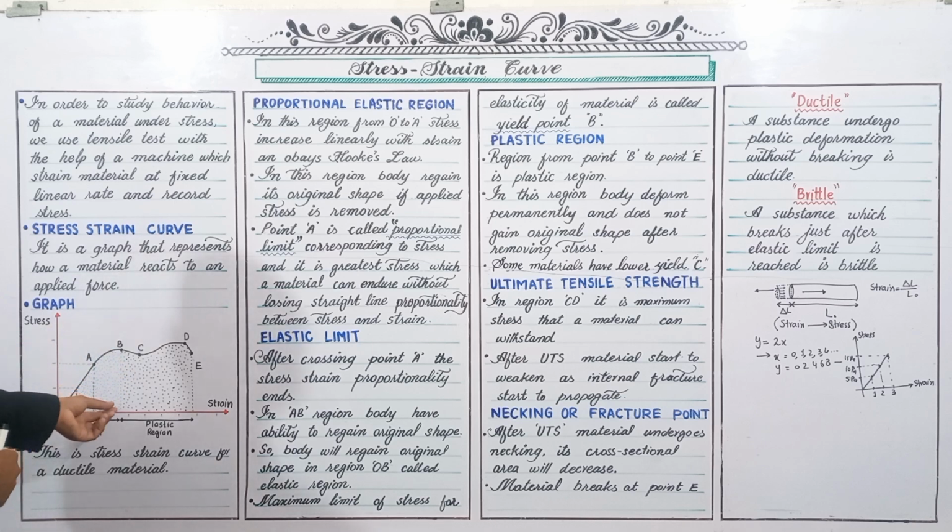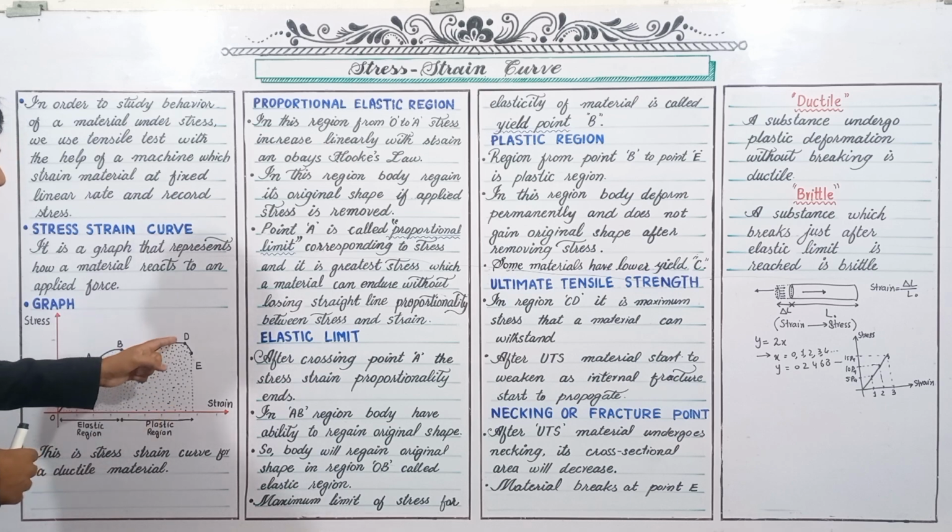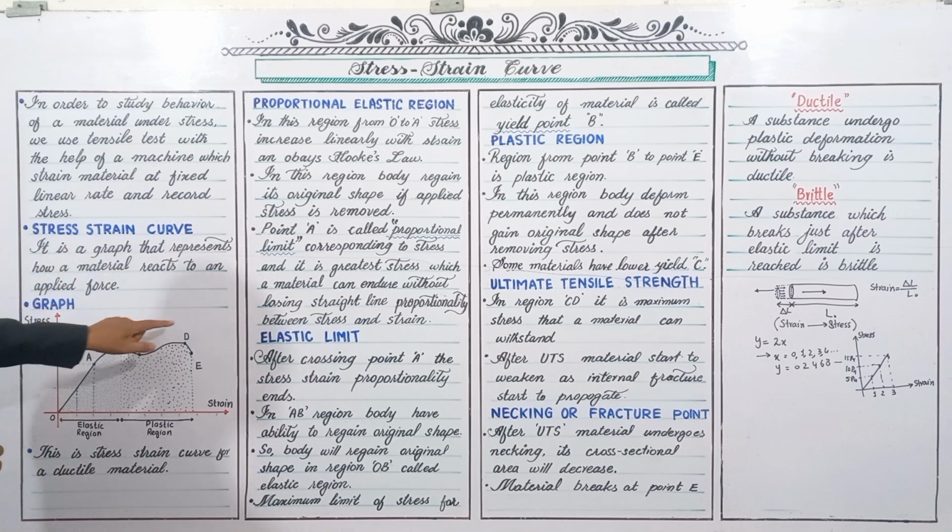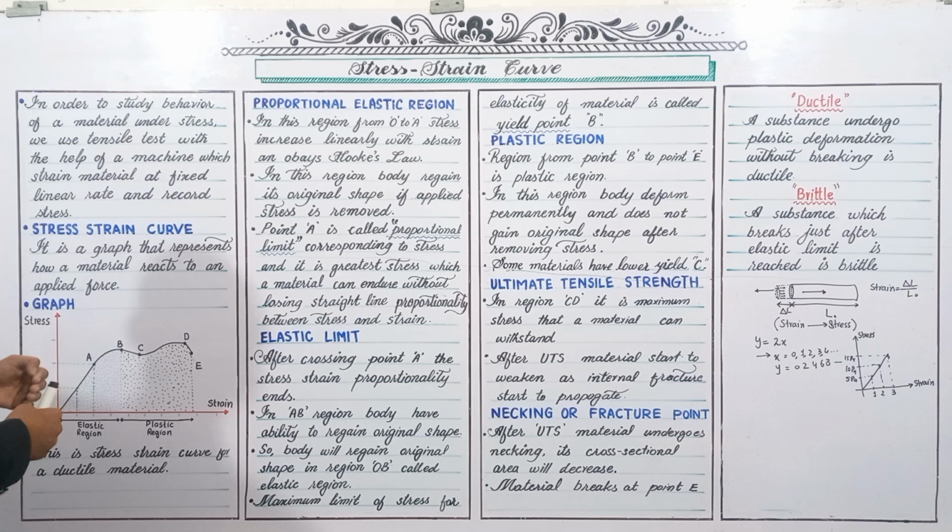Now we are further increasing the strain and the stress is increasing. We are increasing the strain further, stress is increasing, then again a point will come. That point is called ultimate tensile strength. Up to that point, a material can endure a maximum value of stress without breaking and without fracturing.